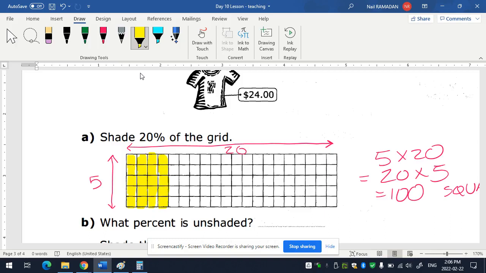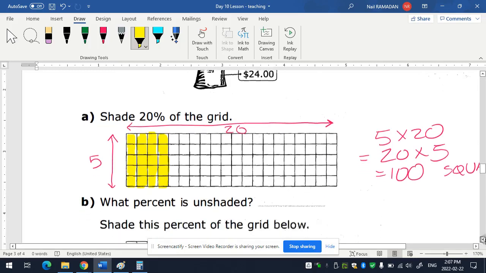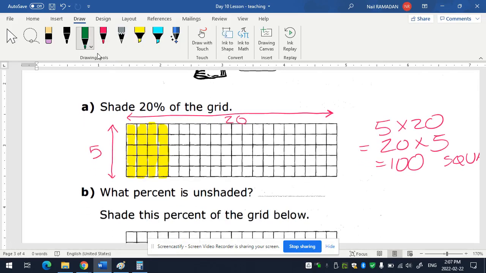So what percent is unshaded? If you shade 20%, you get to have 80% unshaded. You don't even have to show a calculation. You can just say 100%, the whole thing, take away 20%, which means you have 80% unshaded.